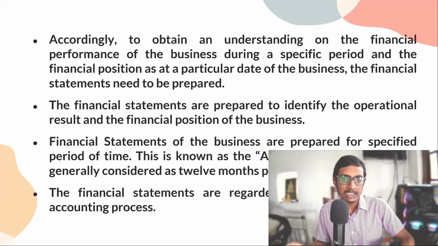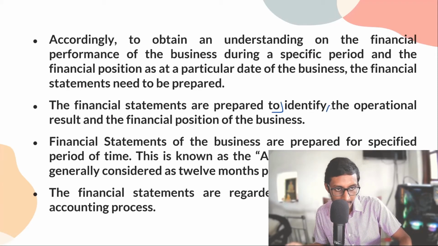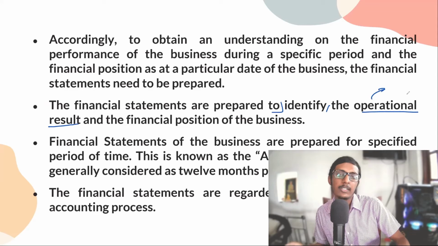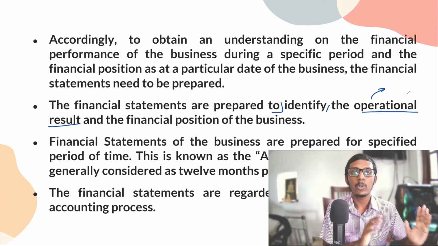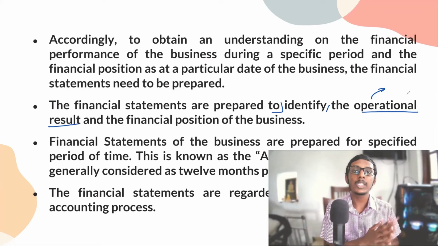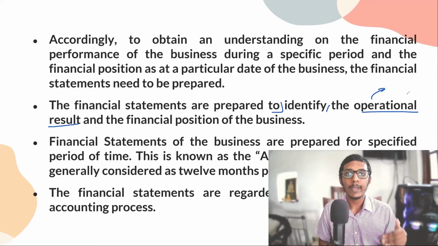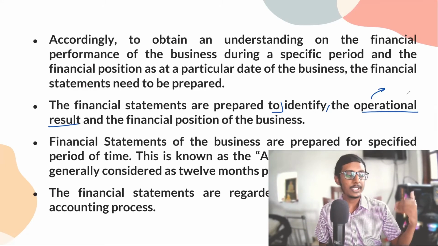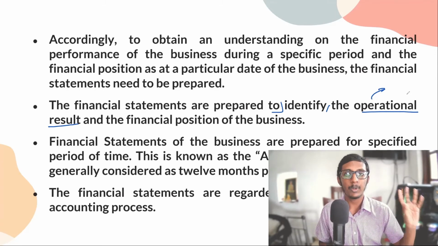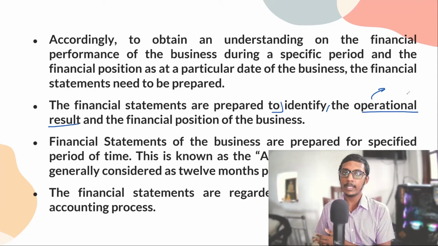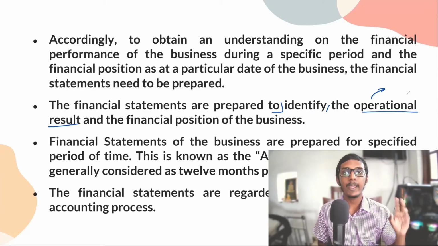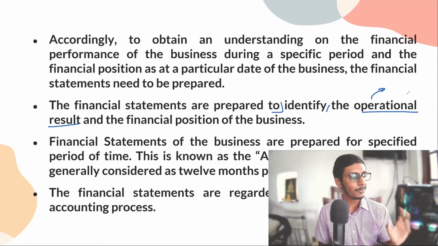The financial statements are prepared to identify the operational result. Guys, this operational result means the final result, the profit or the loss, whether that company has earned a profit or whether that company is a loss-making company, right? We can identify that by preparing the P&L statement, or profit or loss statement.